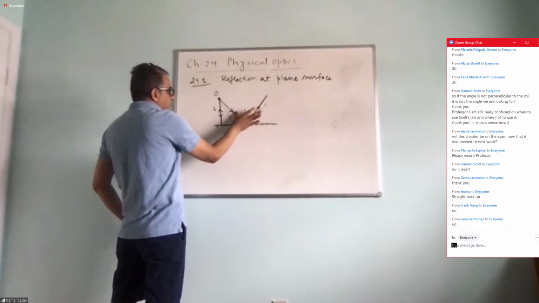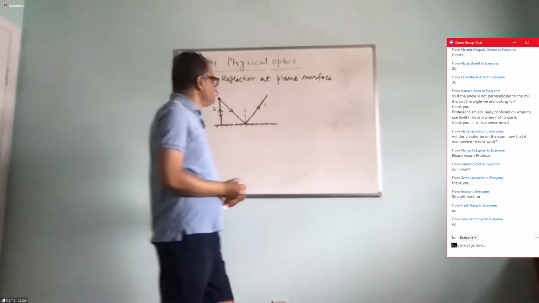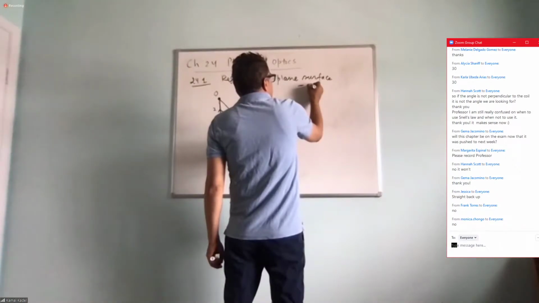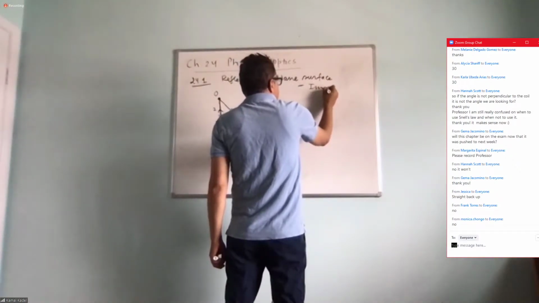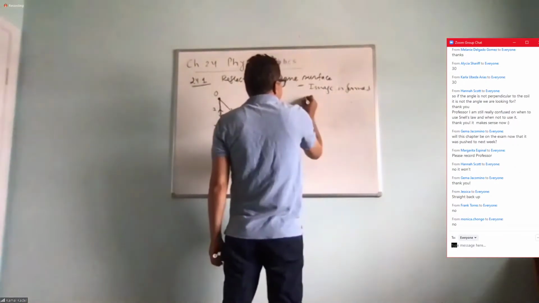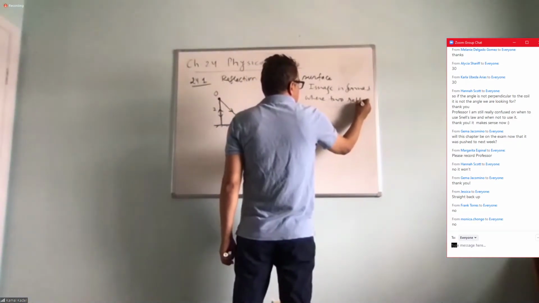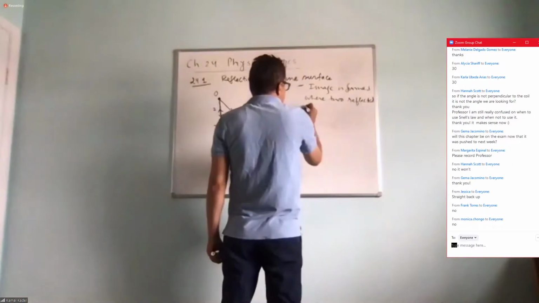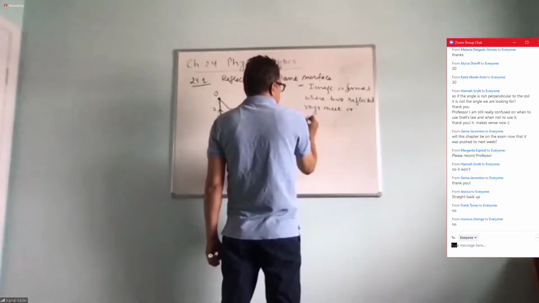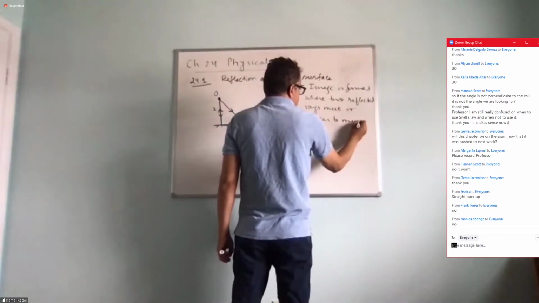So as I said before, one point you have to understand, I write here. Image is formed where two reflected rays meet or appear to meet.